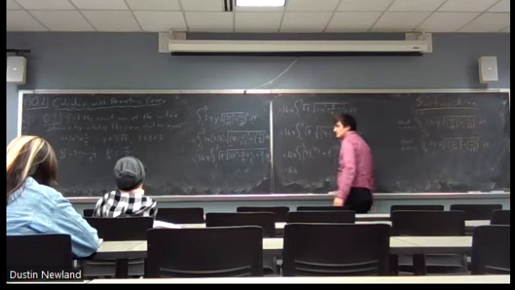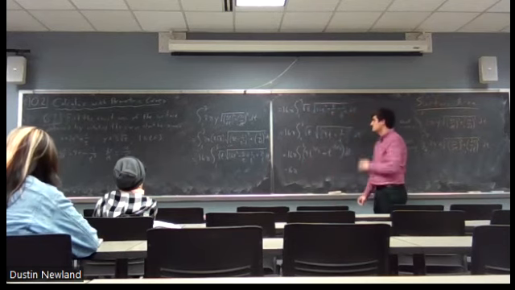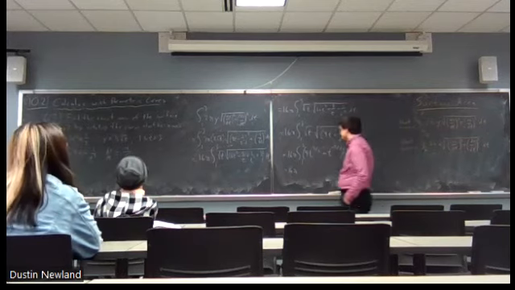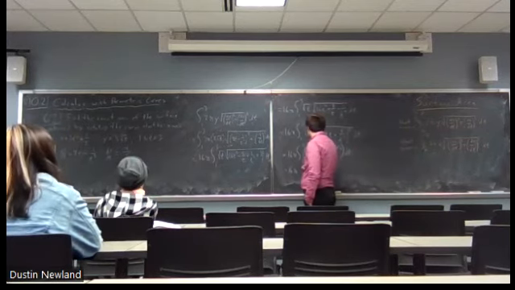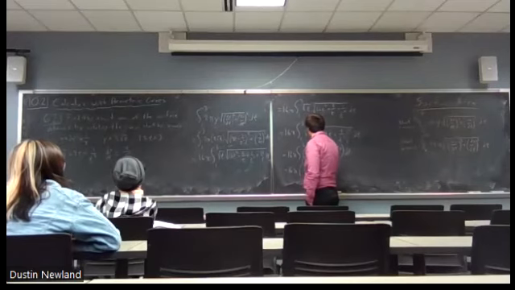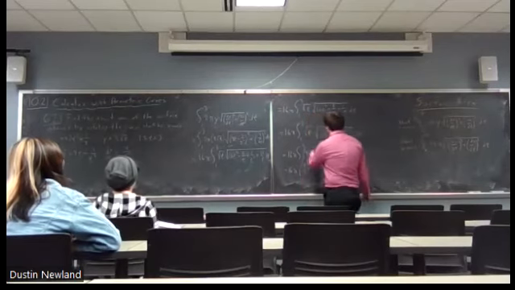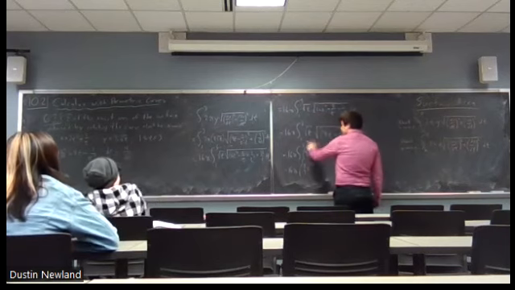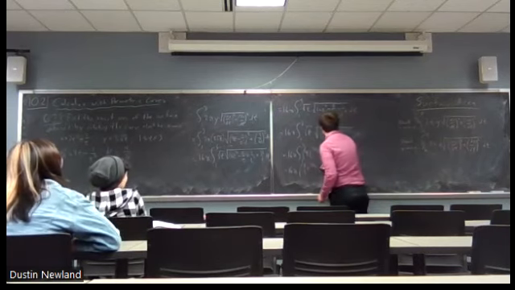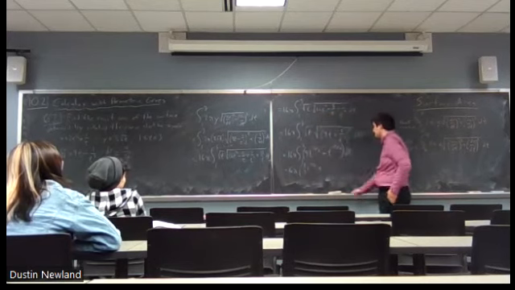What's the integral of 4t to the 1/2? You do t to the 3 halves over 3 halves, so that's 2/3 times 4, which gives us 8/3. And then what's the integral of t to the negative 3 halves?